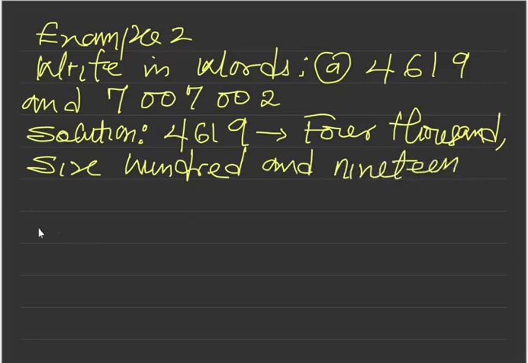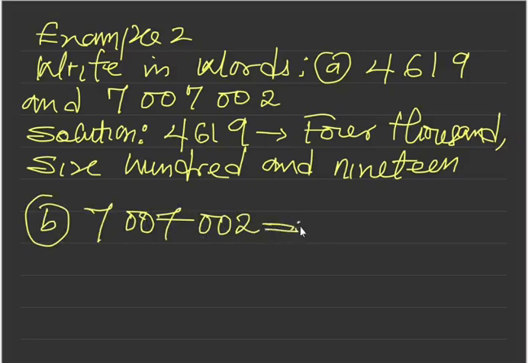So the second one, which is the B part, let's write this in words. If we want to write this, we have 7 million. As I've said earlier, let's count the zeros from 2. We have 1, 2, 3, 1, 2, 3. So we have 6 zeros. So the 7 of 6 zeros will give you 7 million.